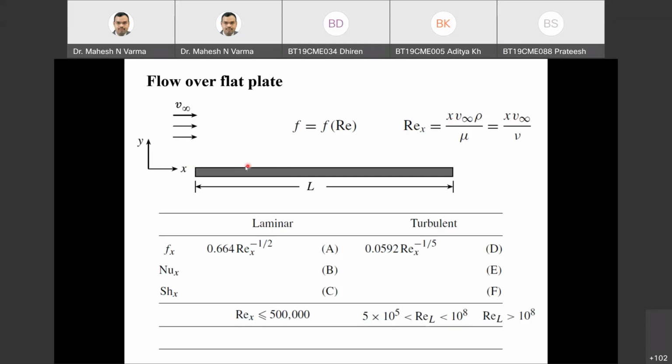So x varies from 0 to L, and all other properties are estimated at bulk conditions: bulk velocity, bulk density, bulk viscosity. With this definition of Reynolds number, if Reynolds number is less than 500,000, it is called laminar flow.